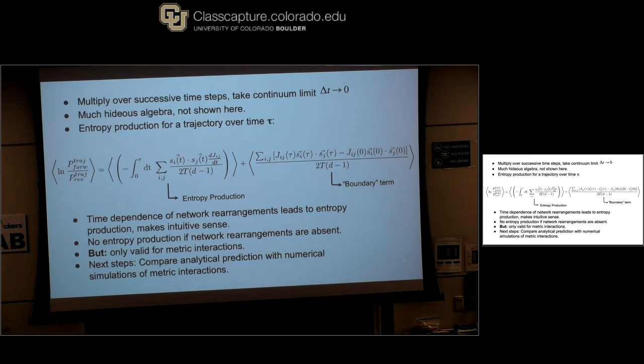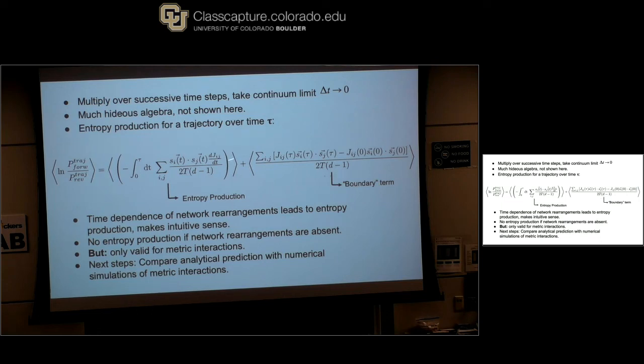And the second term is just the entropy of the initial and final states. Because the first term involves a time derivative of the interaction, this tells us that the presence of network rearrangements, which means that the birds keep changing their neighbors, is what leads to the production of entropy, and that makes sense because that's what you would expect.